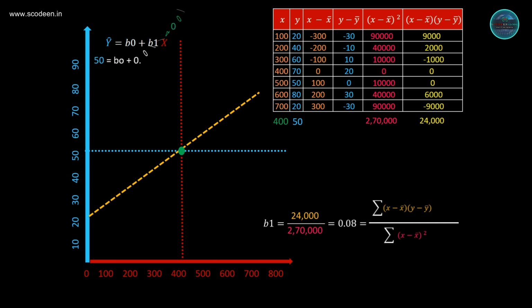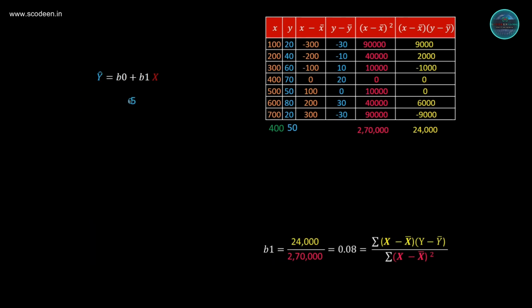Let's place the v1 value in the regression function. So y cap, that is equal to 50, the mean value, is equal to v0 plus 0.08 into 400, that is the x value. So 50 is equal to v0 plus 32. Next, v0 is equal to 50 minus 32.